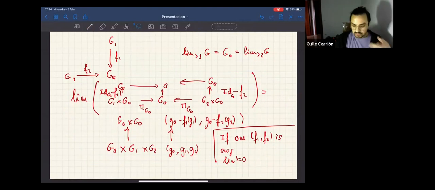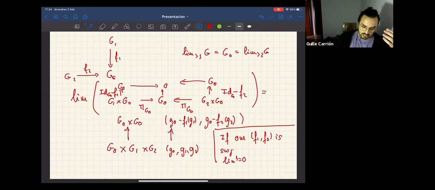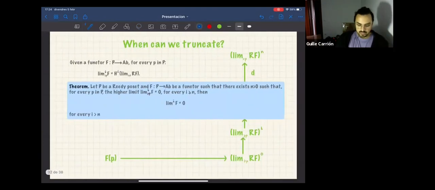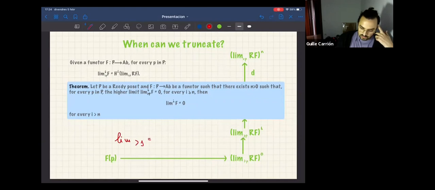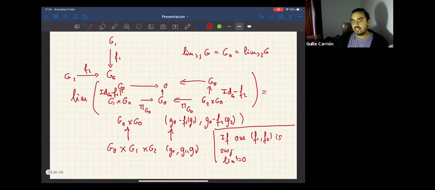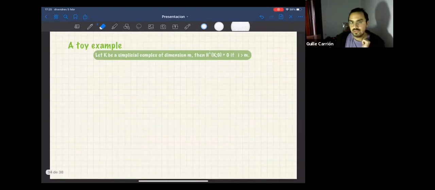But if we apply this theorem, as the lim^1 was G0, there's nothing here, so now n is 1, but now we know that here there is lim^1. And I want to now explain two more examples.